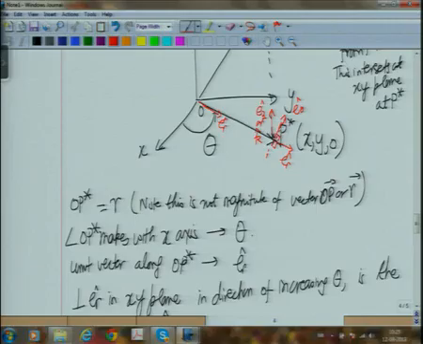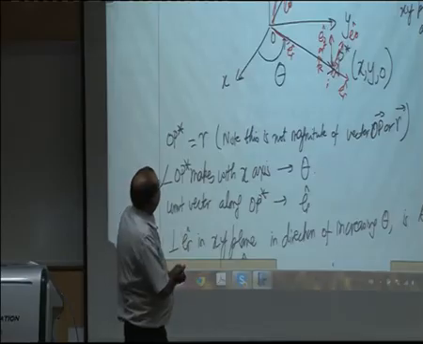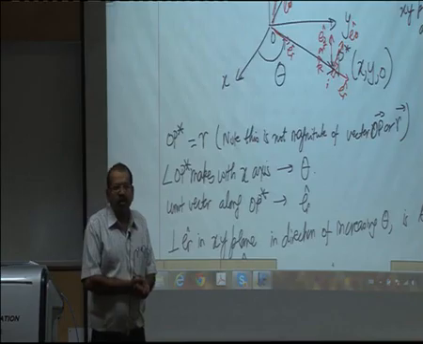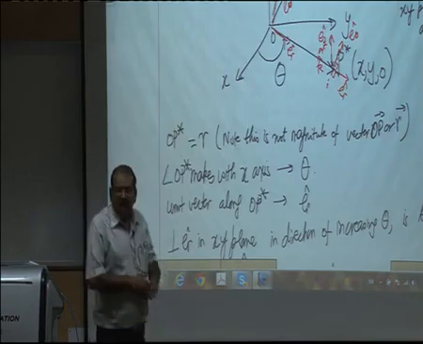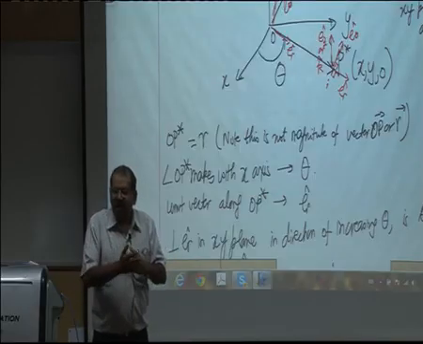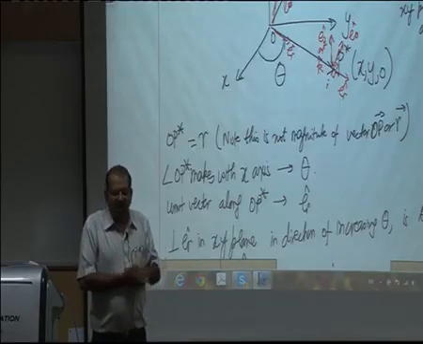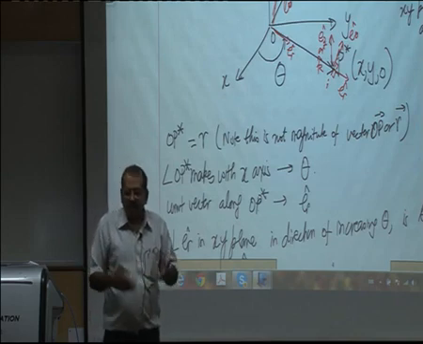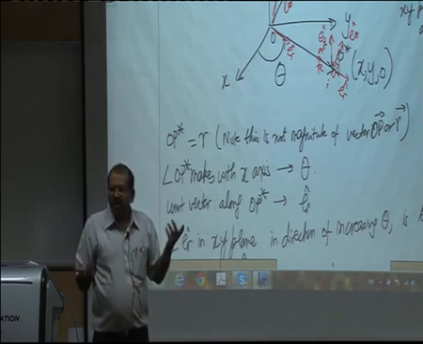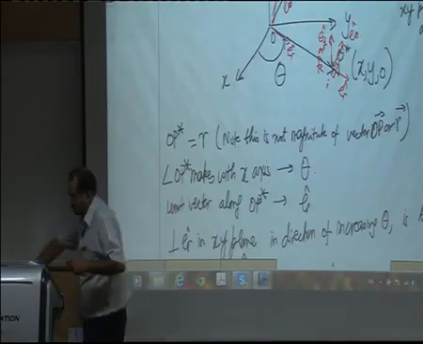E theta is the unit vector which is perpendicular to ER in the xy plane. Now, in terms of theta and r, can I say what is ER vector in terms of i, j? ER is making an angle theta with x and 90 minus theta with y. So, therefore, ER can be written as cos theta i plus sin theta j. Is that clear? Straightforward?